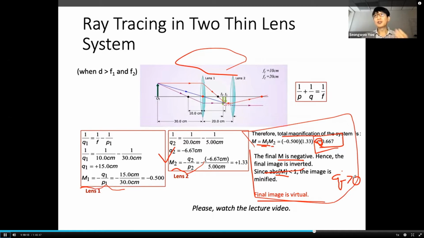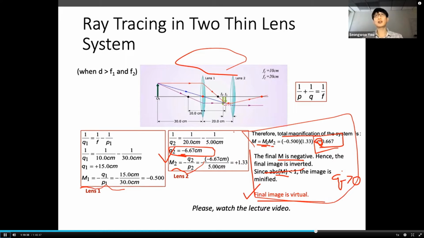The nature of the image, whether it's real or virtual, must be confirmed by your final Q value. In our example, the final Q value is negative, which means the final image is a virtual image. So the final image is virtual.